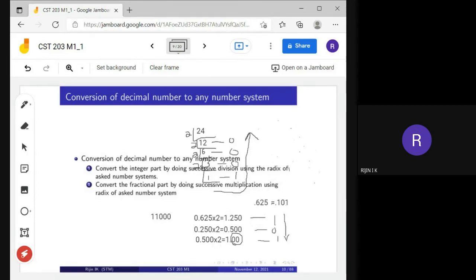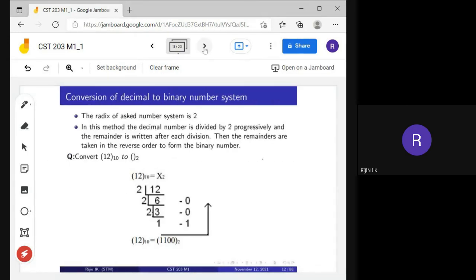If you want to convert it into binary, multiply it with 2. For octal, multiply it with 8. Similarly for hexadecimal, in the case of the fractional part, multiply it with 16. So that is the logic. This is how we will convert the decimal number into binary, octal and hexadecimal.